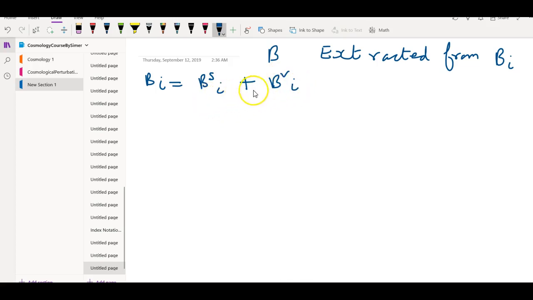This gave us minus this, and this gives us this scalar B. So B is a scalar extracted from B_i. How will we express B, which is in x space, in k space? How to express B in k space?